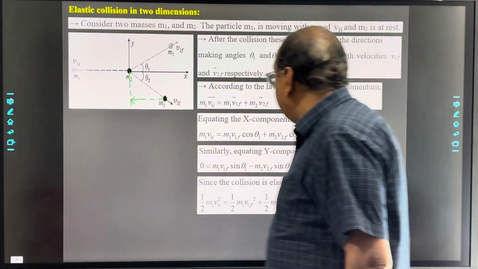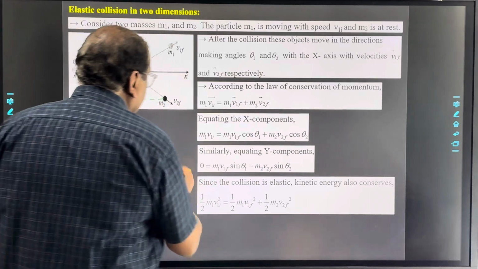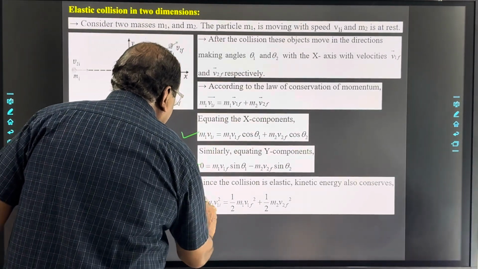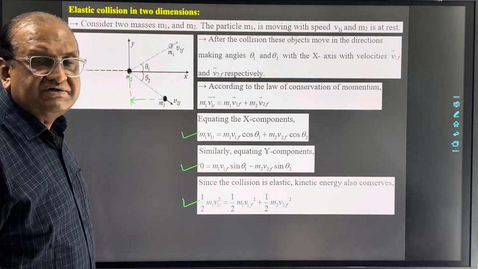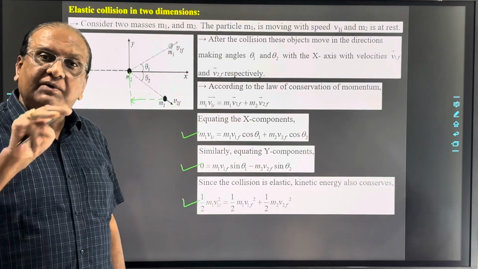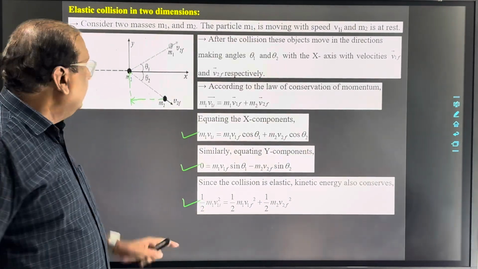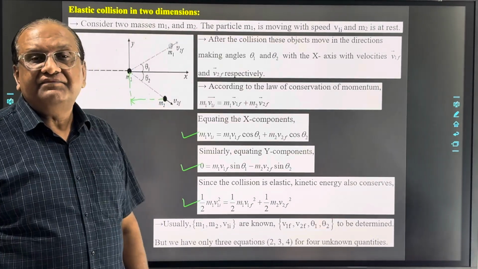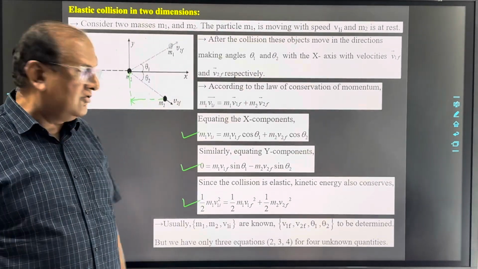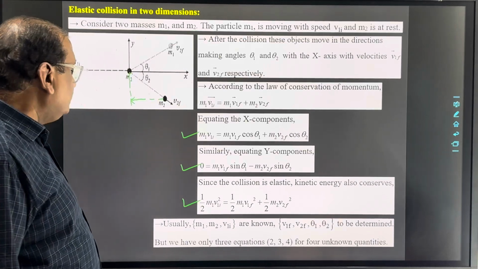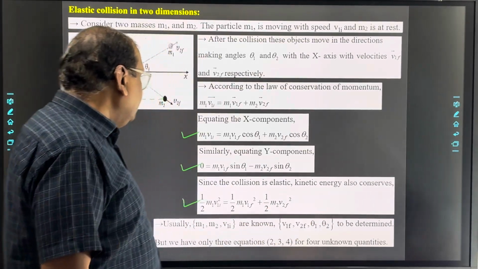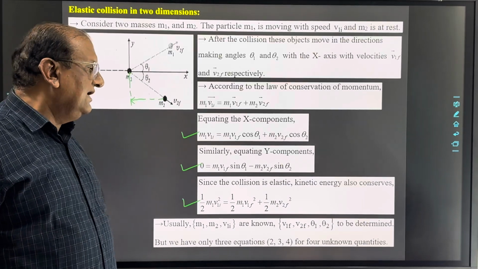But here in theory, we have only 3 equations. So with the help of 3 equations, we can find only 3 unknown physical quantities. But here we want to find v1f, v2f, theta 1, theta 2. Clear?